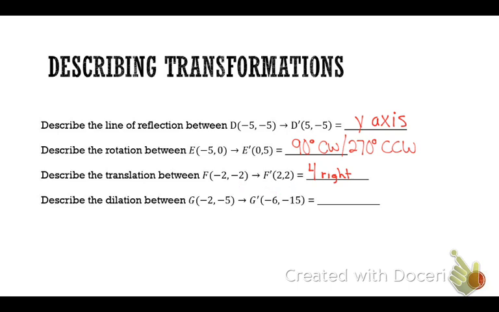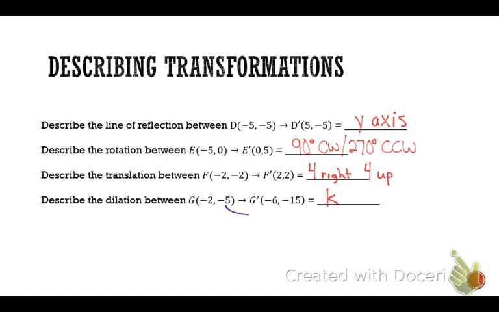All right, on the last one, can anybody tell me the dilation? The dilation. Anyone? Darcy? K equals 3. Yes. How did you figure that out? Because 2 times 3 equals 6, and -2 times 3 is -6.